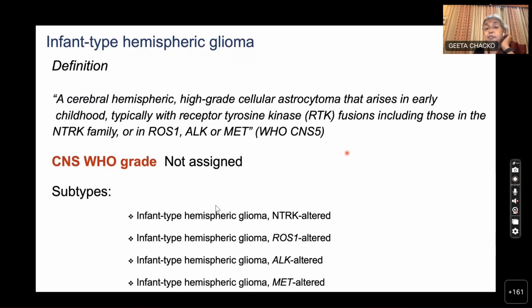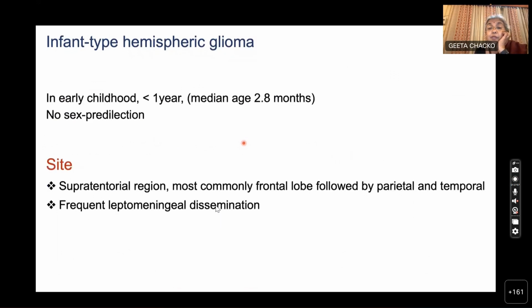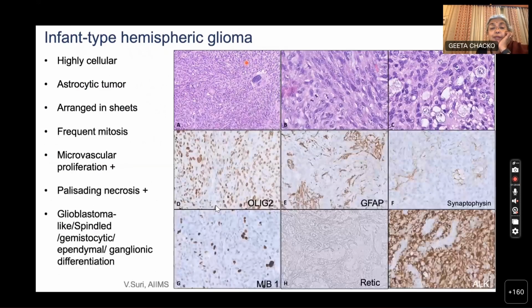They have receptor tyrosine kinase fusions, including those in the NTRK family, or they have ROS1 alterations, ALK alterations, or MET alterations. They have not yet been assigned a CNS grade, typically seen in the less than 1 age group. So if you see a large tumor in an infant, one has to start thinking of an infant-type hemispheric glioma.